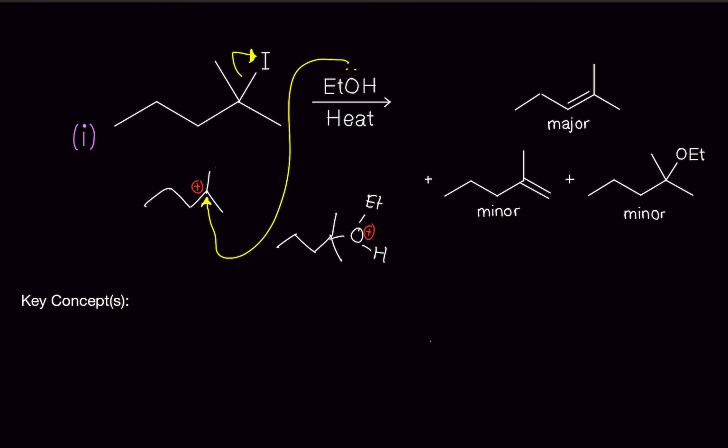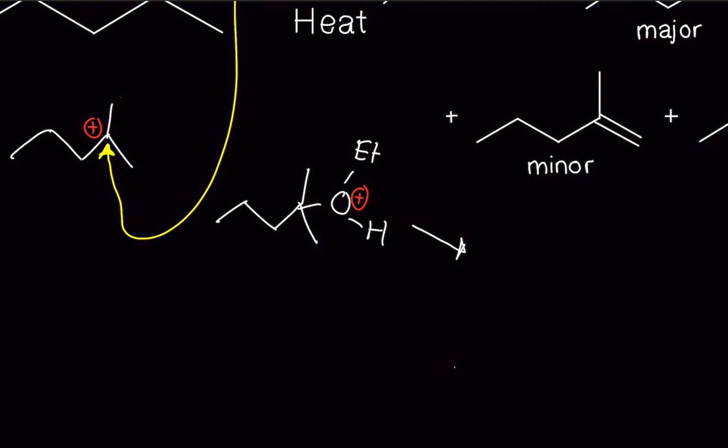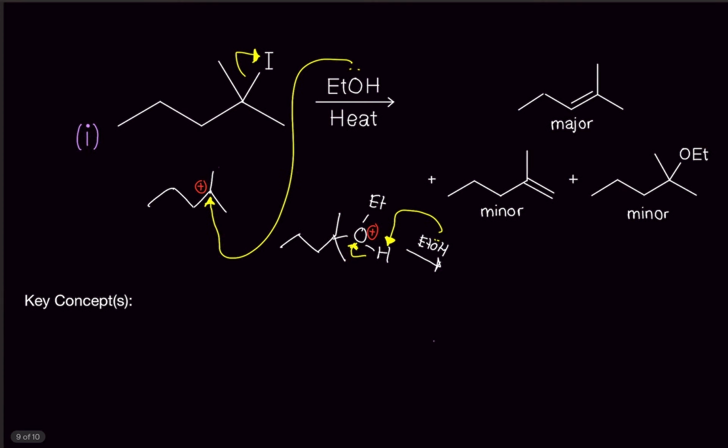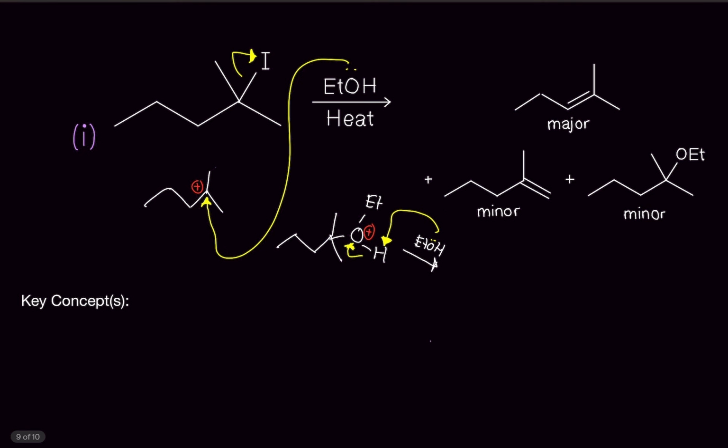This is not good. So what you're going to do is you have to redo the reaction here with ethanol. And this is going to take away the hydrogen here, stabilizing the carbocation, and that's how we're going to get this. Okay, so same thing, right? I just removed the hydrogen. So now it's just the oxygen and the ethyl group.